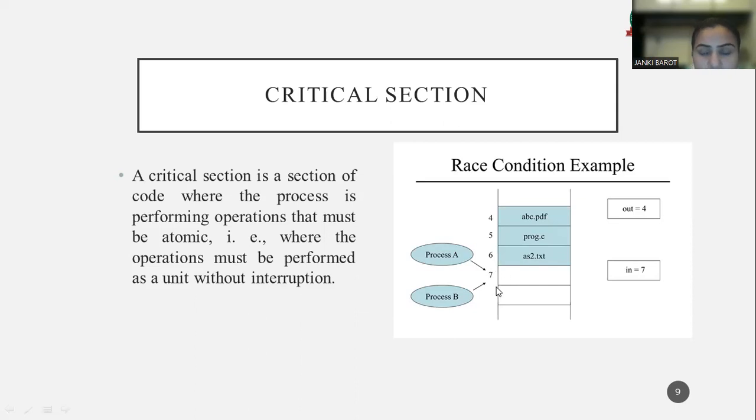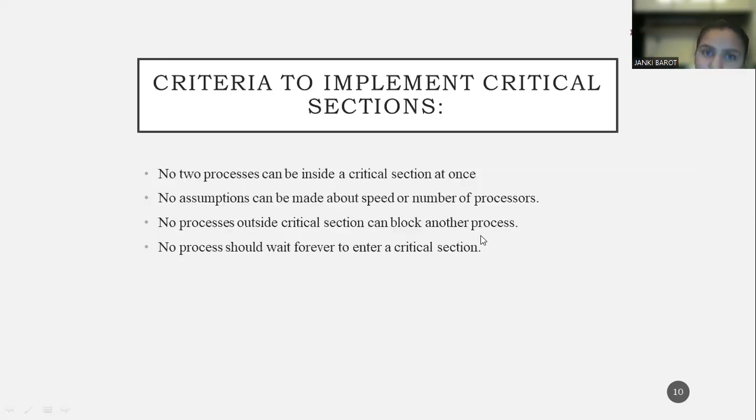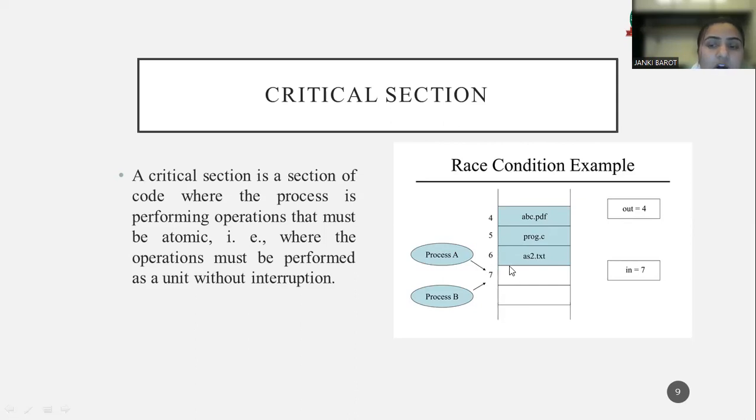But when the same segment, same resource, same variable is being accessed by these processes, whether it is 2, 3, or 4, then and only then can you tell that these processes, which are trying to access a common or shared resource or shared variable, have a race condition.